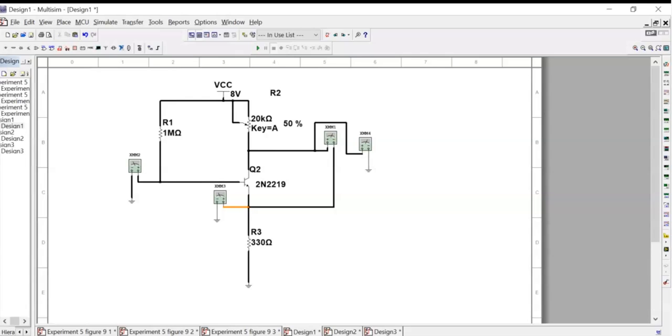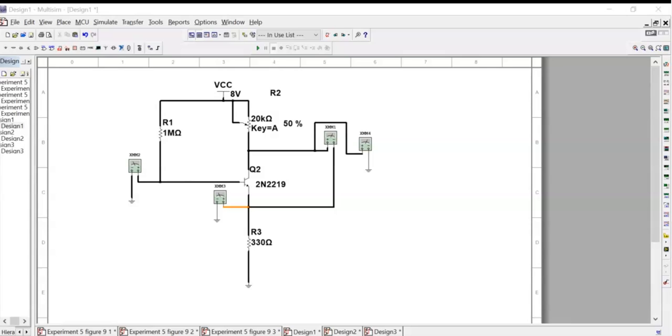So let's read the procedure. We need to connect the circuit as in figure 9.1. Adjust the supply to 8 volts. Okay, we have set the 8-volt supply. Then we use the DMM.